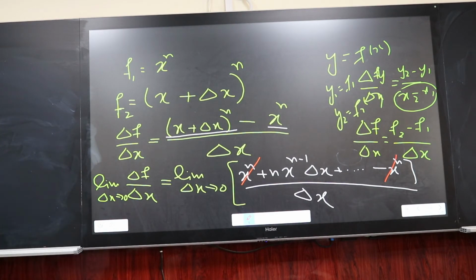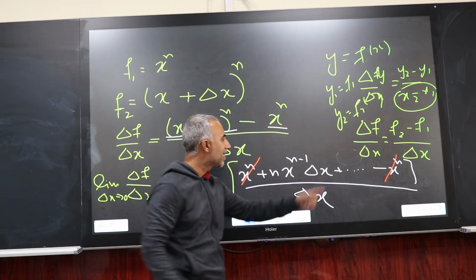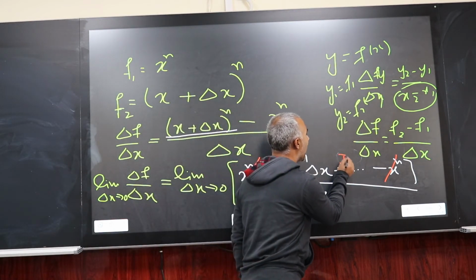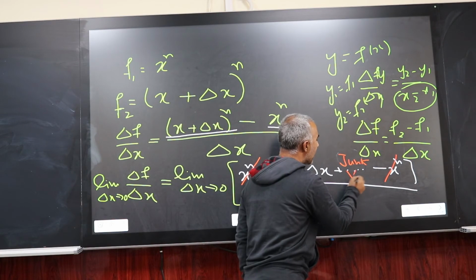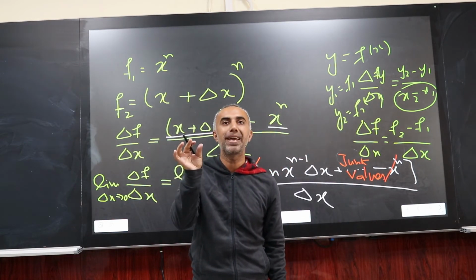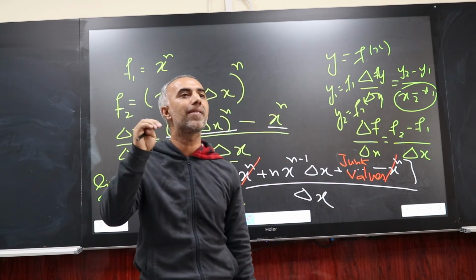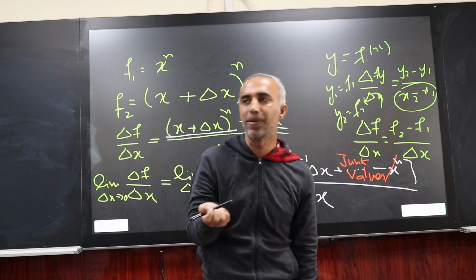In the next step, you will get n x to the n minus 1 delta x plus too many junk values, and delta x common. Junk values mean small values, which in your intermediate level you studied as negligible values.